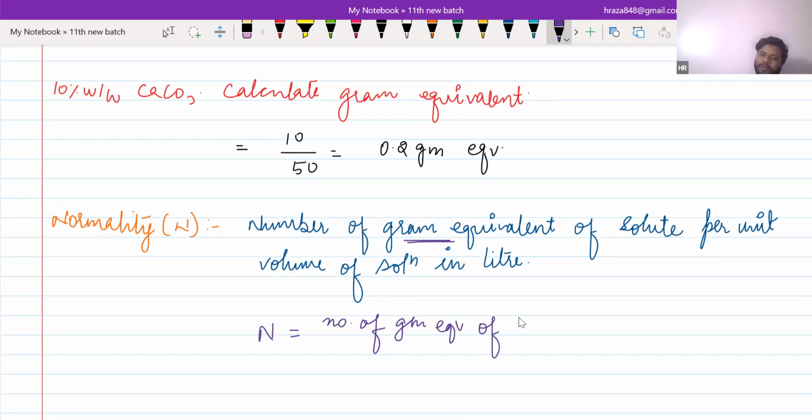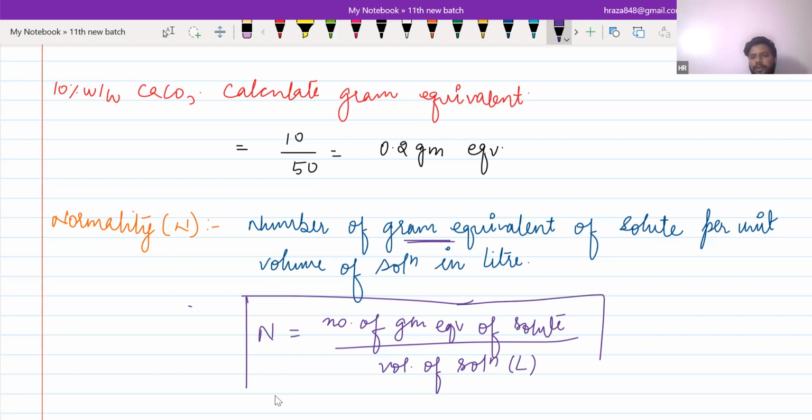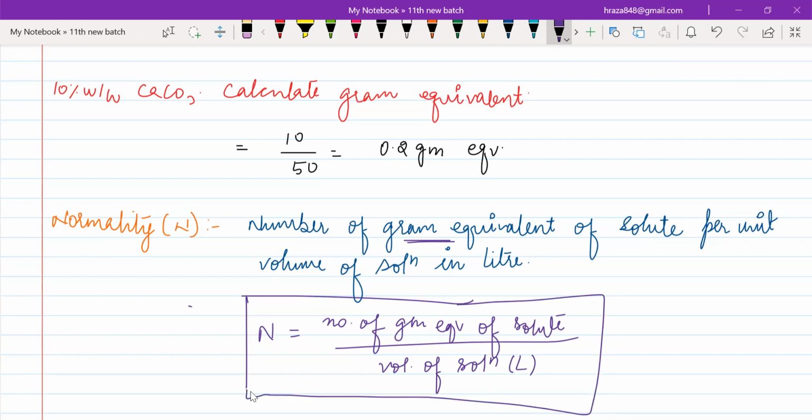So from here we can make a formula: normality is the number of gram equivalent of solute upon volume of solution in liter. And you can easily calculate the number of gram equivalent. Yes or no?